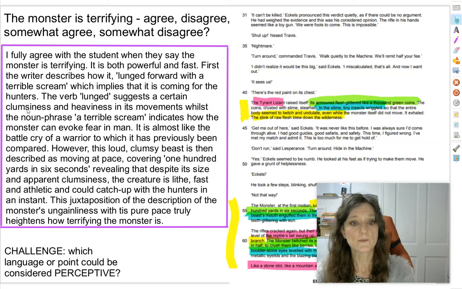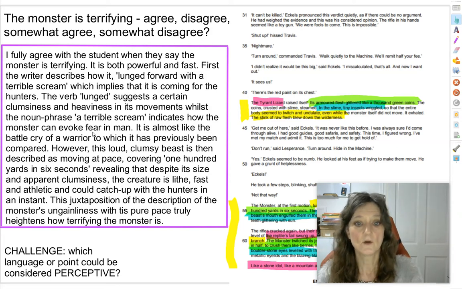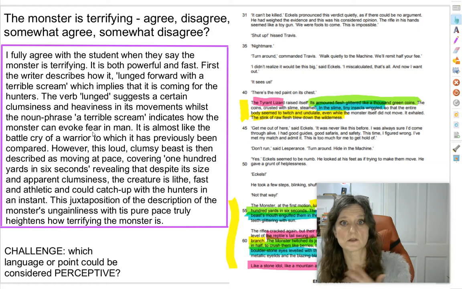A certain clumsiness and heaviness in its movements, while the noun phrase, a terrible scream, indicates how the monster can evoke fear in man. So remember that terrible means terrifying. It can create terror. It's slightly different here, although terrible can mean it's horrible as well. It's almost like the battle cry of a warrior to which it has previously been compared.